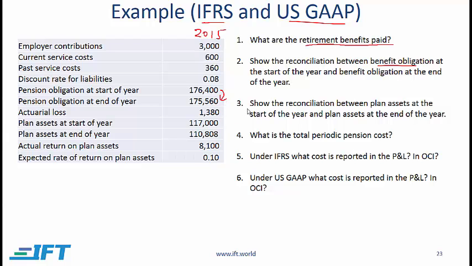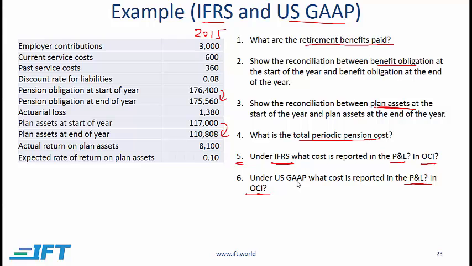Question 3 asks about the reconciliation with respect to plan assets. So how did we go from here to here? Then you are required to calculate the total periodic pension cost. Question 5 asks you to show the allocation of this total cost between P&L and OCI under IFRS, and then what is the allocation between P&L and OCI under US GAAP.